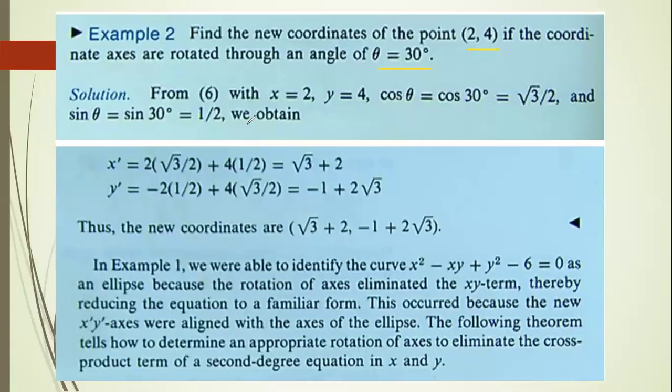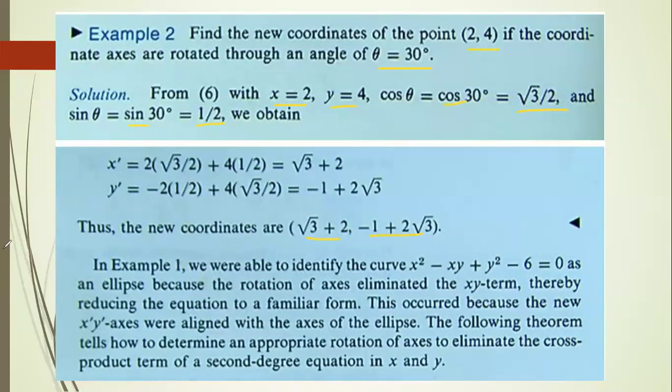So the solution: x is equal to 2, y equal 4, we know cos is equal to cos 30, which is root 3 over 2, and sine is equal to sine 30, which is half. And again, we put it into our rotation equation, and we would have gotten our new x coordinates and our new y coordinates.